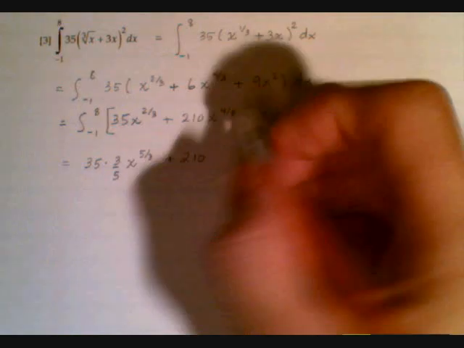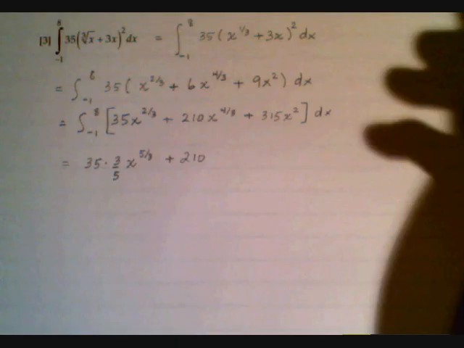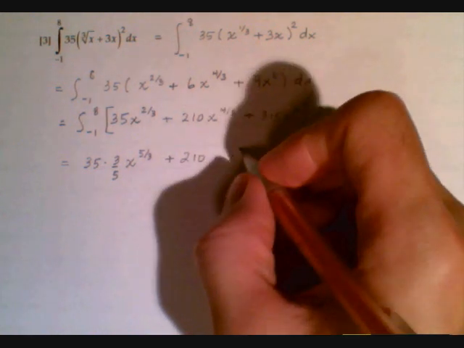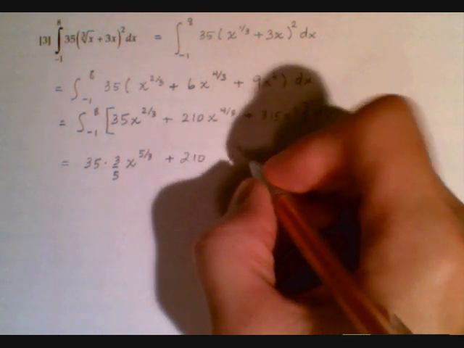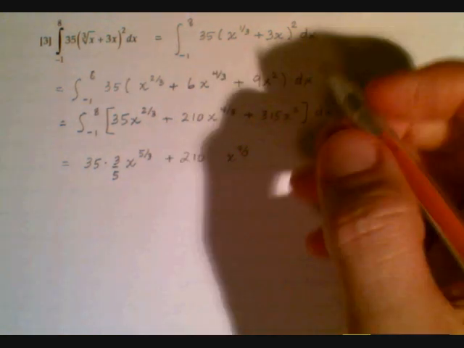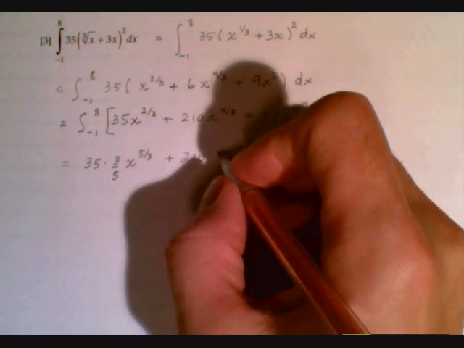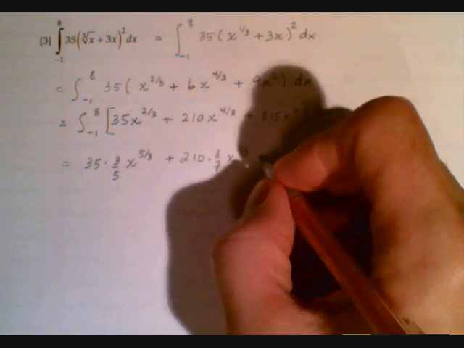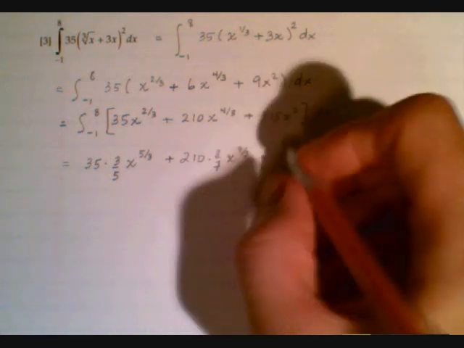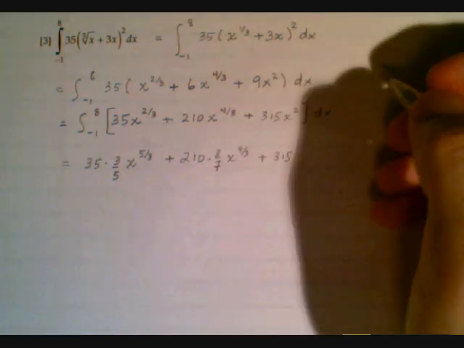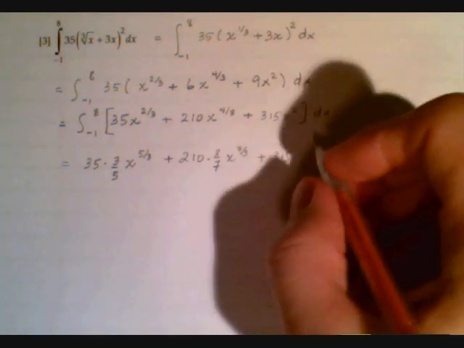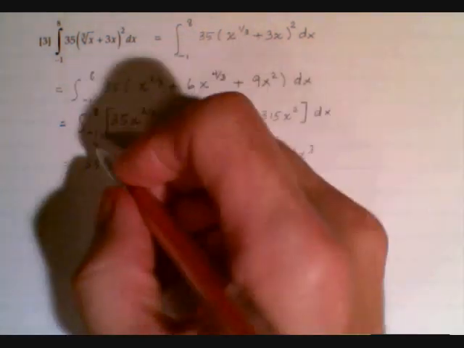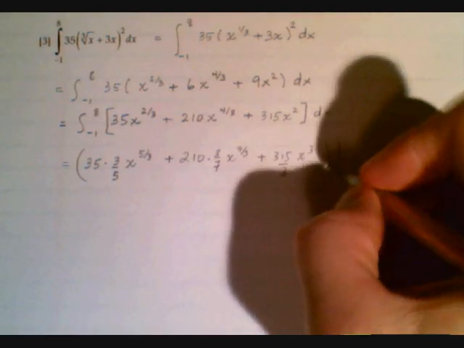Power rule on this, again, I get x to the 7/3 divided by 7/3, or multiply by 3/7. Plus 315 times, again, power rule, x cubed over 3. And the limits of integration are -1 to 8.